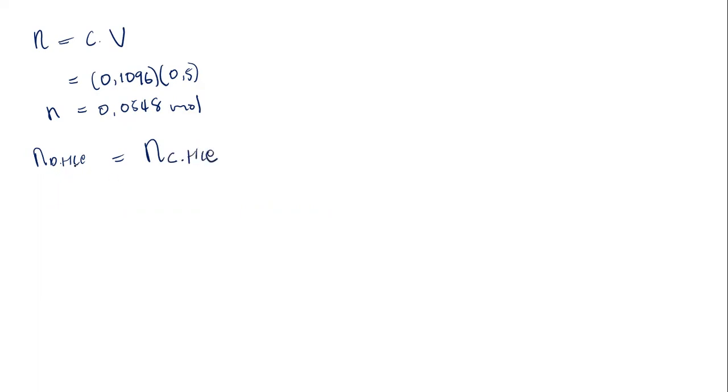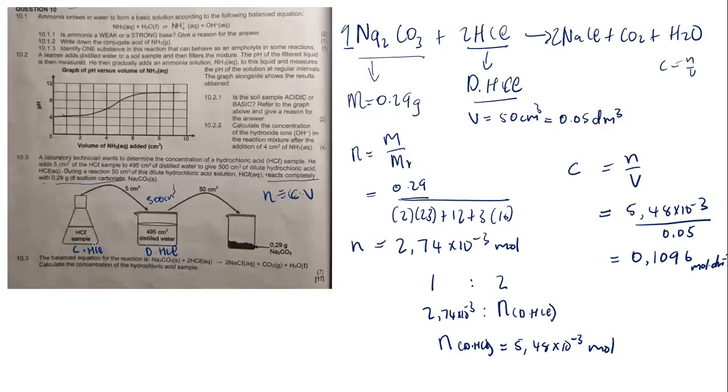So what is the number of moles of diluted HCl? It's 0,0548. And therefore, what are the calculations? I know how to calculate this. It's C multiplied by V. This C is the concentration that I'm looking for, because we want the concentration of the concentrated HCl, which is in this container.